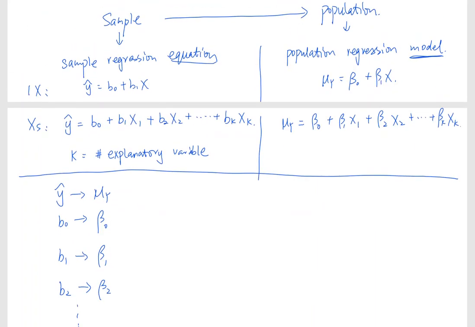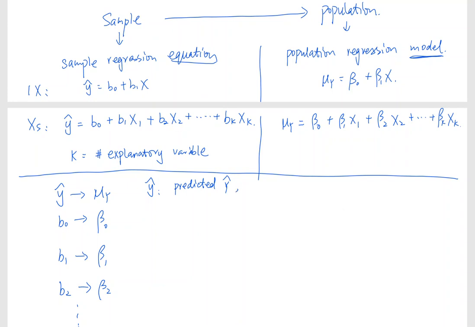Alright, so now let's think about how to interpret each of them. We say y hat, right? There's no change for this y hat. It is still the predicted value of y, but now this predicted value of y is based on x1, x2 until xk.